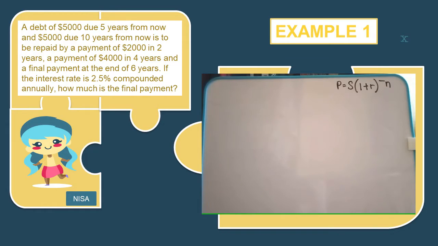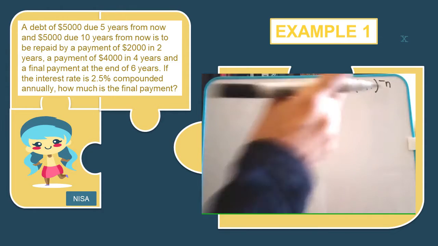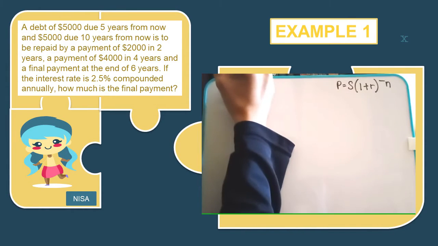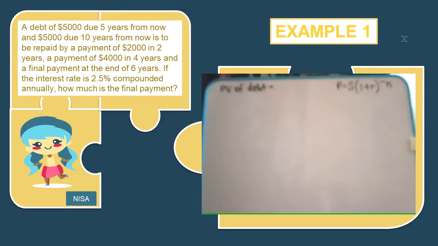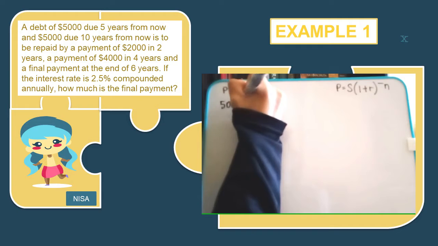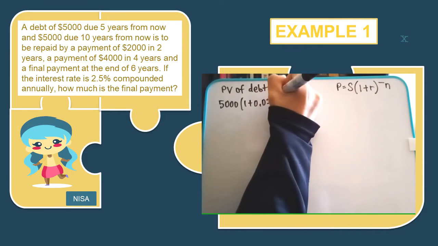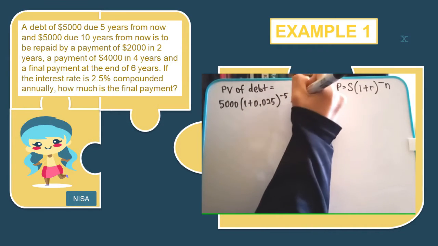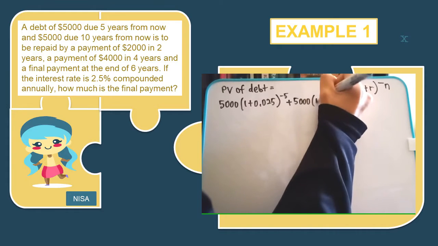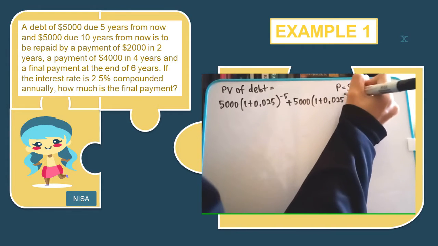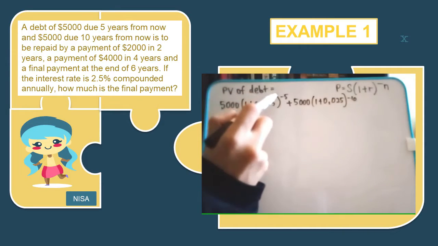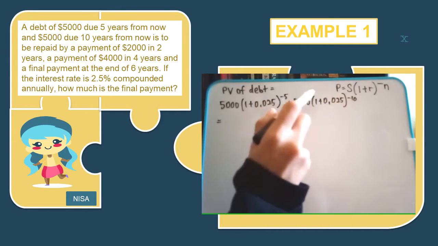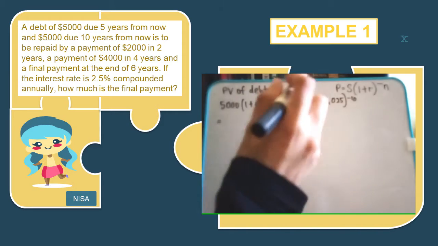As for the next question, we are going to find the final payment at the end of 6 years by using this formula. So firstly, we are going to find the present value of debt. So the debt of $5,000 due in 5 years and debt of $5,000 due in 10 years, we are going to add across to find the present value of debt.